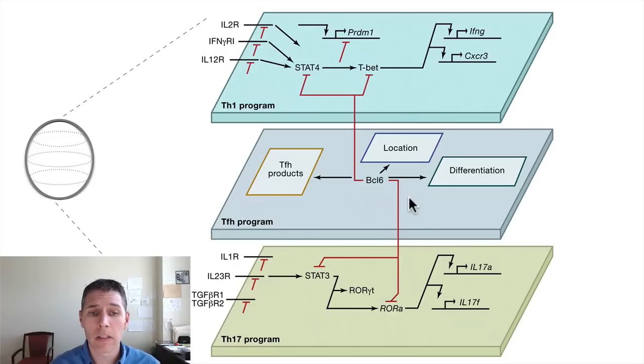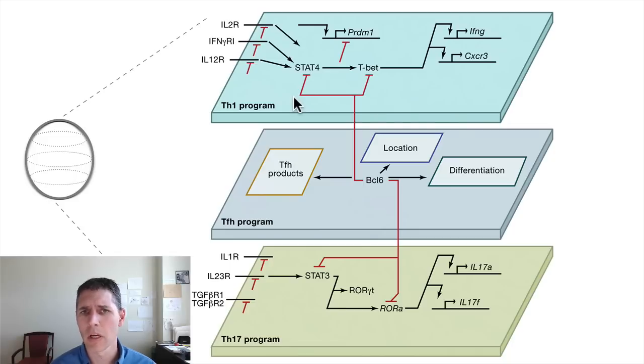But a TFH cell can also still have some activity of a Th1 gene program or a Th17, or not shown here, a Th2 gene program, such that BCL6 is continuously repressing any attempt by a cell to express a Th17 or a Th1 program.